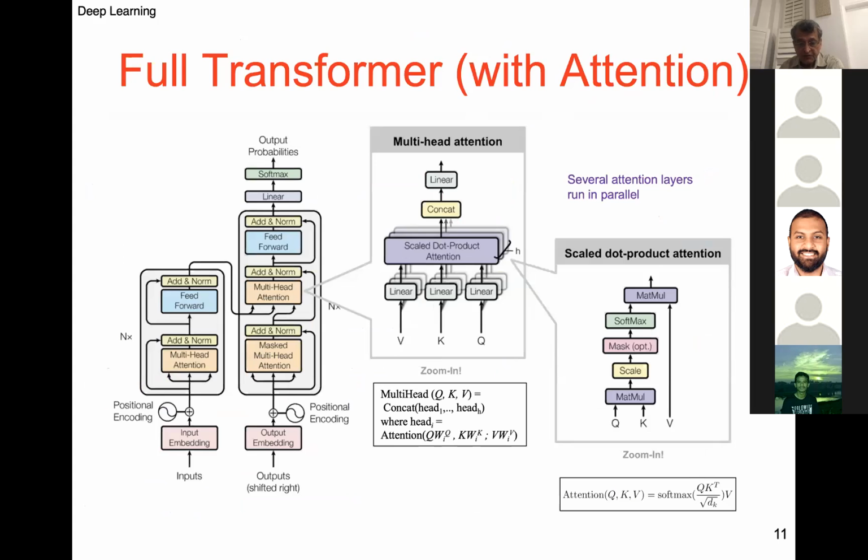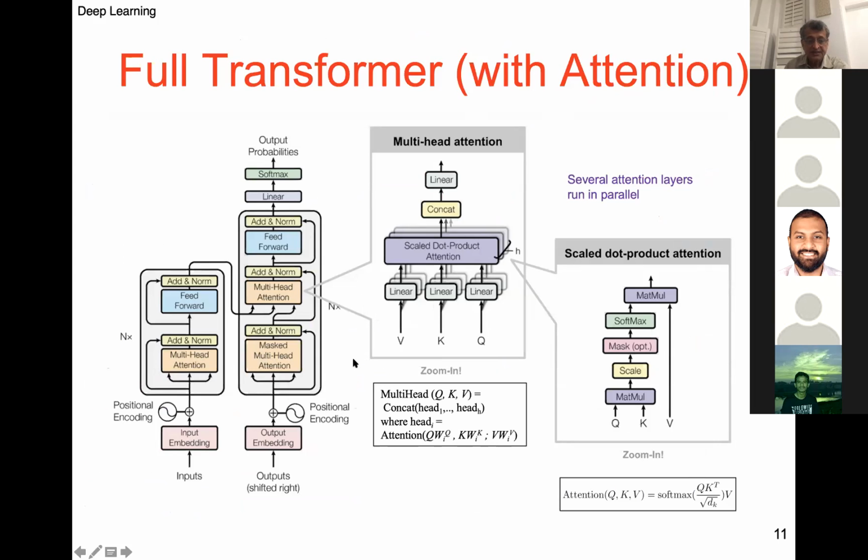So the full transformer with attention involves these interesting looking diagrams here. We saw this one, the full transformer with attention. The multi-head is expanded into this diagram here. And then the scaled dot product has this kind of design over here.